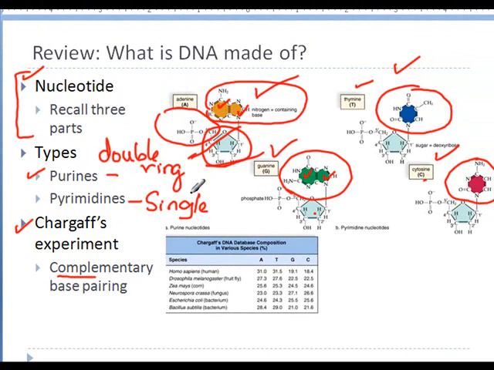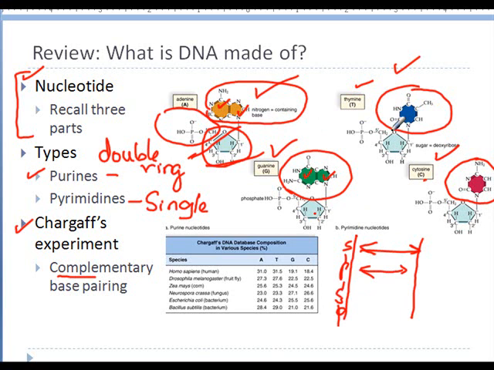A little background on this: when the structure of DNA was being studied, DNA was shown to be of uniform width. Some of the experiments that we will talk about later will show you that the sugar phosphate forms the stem of this ladder, and the steps of the ladder are made up of these nitrogenous bases.